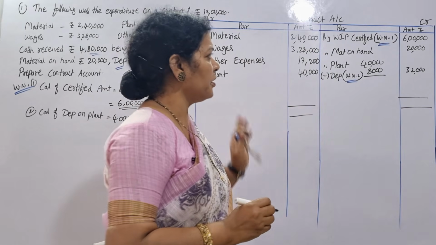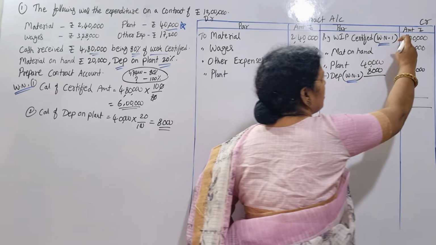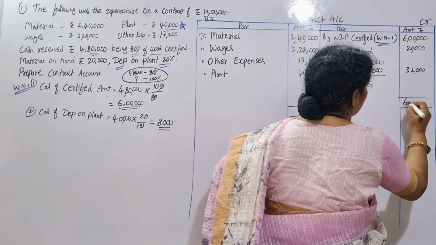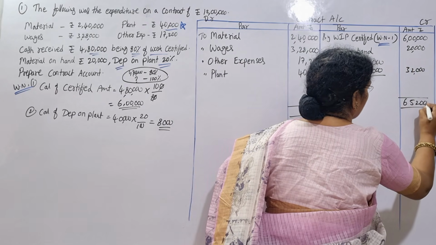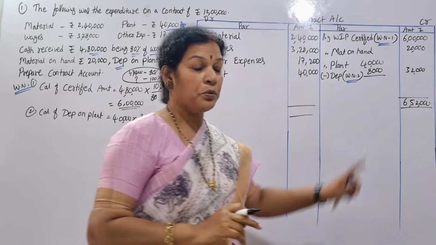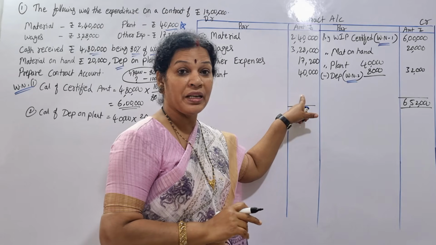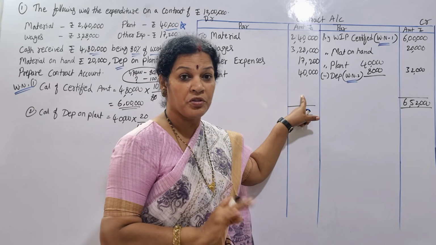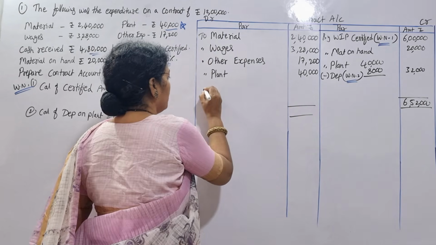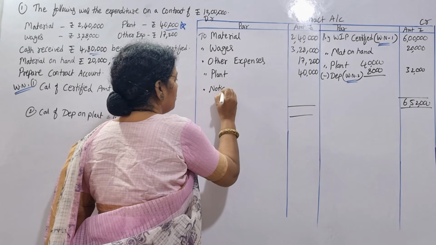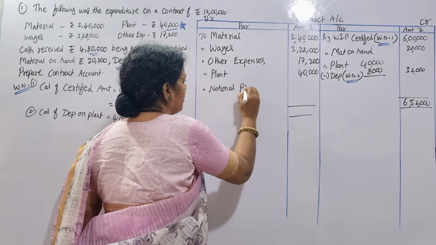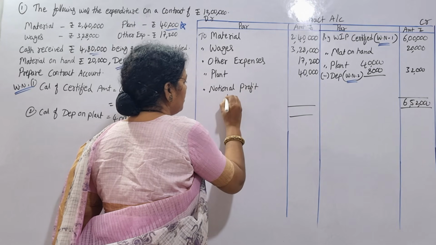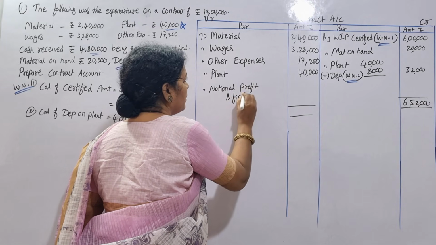I think the credit side is more. What is this total amount? 6,52,000. 6,52,000 minus all these amounts will give the notional profit. Notional profit means temporary profit. To notional profit. What is this? This is the balancing figure.